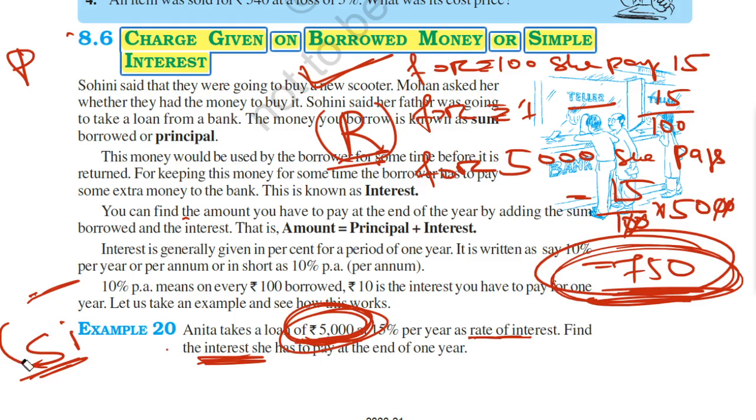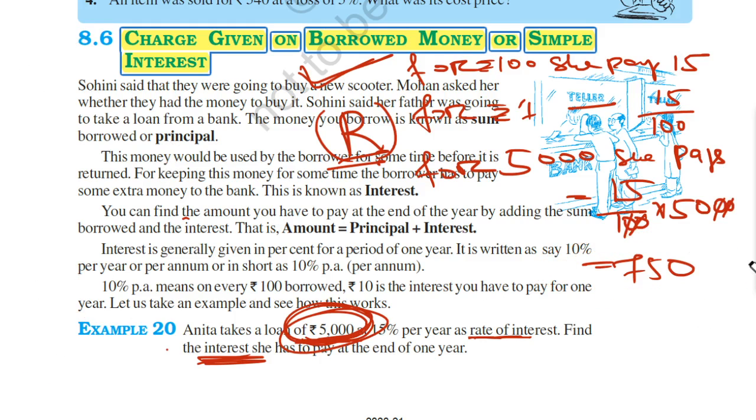Now we'll derive one formula from this. Look, 15 divided by 100 into 5,000. Now 15 is our rate of interest, so we can say R divided by 100, into 5,000, which was your principal.